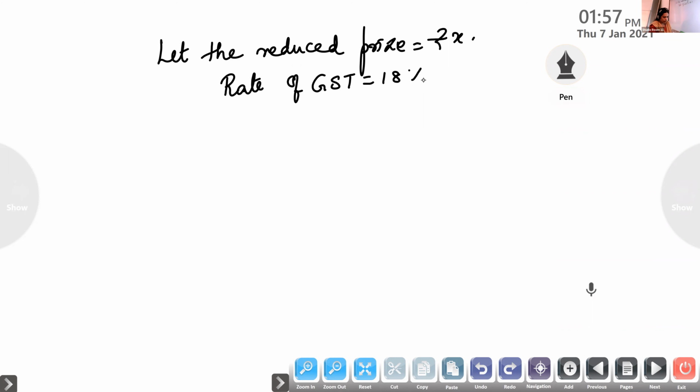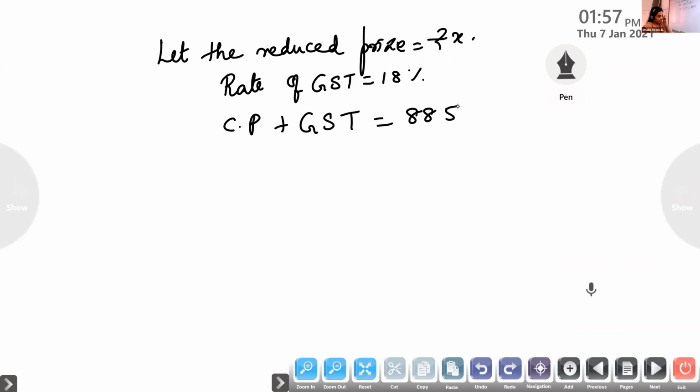Including this GST, how much amount will he be able to pay? 885. Is it clear, children? So cost price plus GST, he will be able to pay rupees 885.